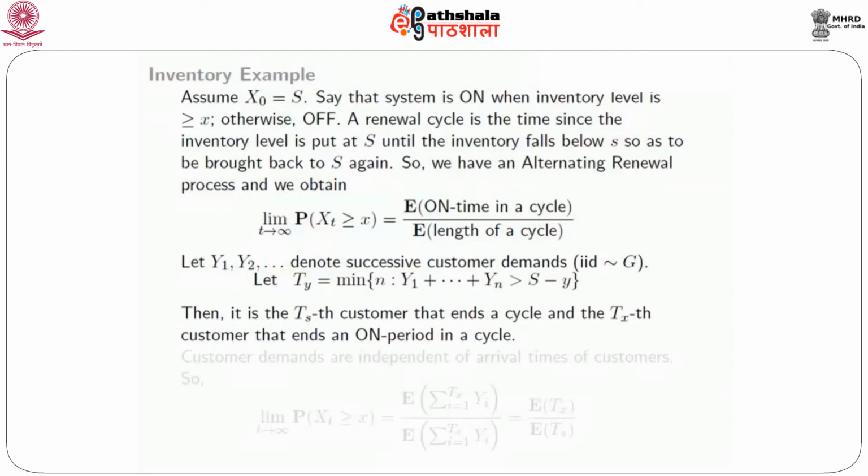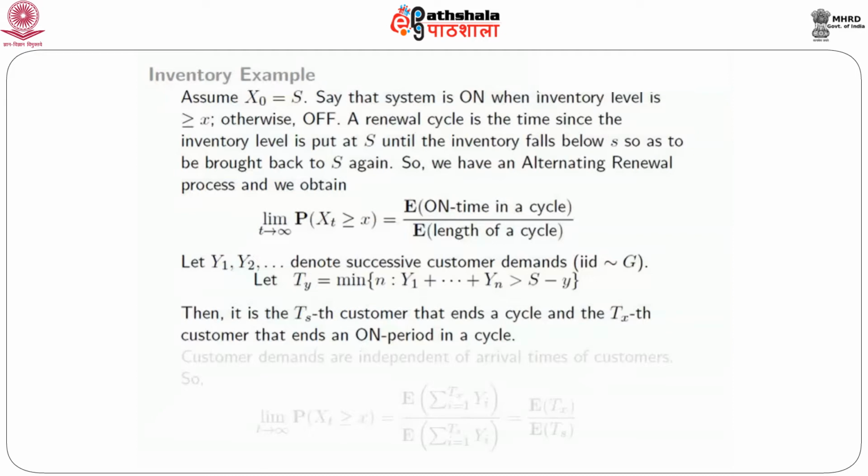So it is the Ts-th customer that ends a cycle. If you put y equal to s, look at Ts. Ts is the first time that, after serving a customer's demand, starting from an inventory level of capital S, the inventory level goes below little s, which means that the cycle ends.